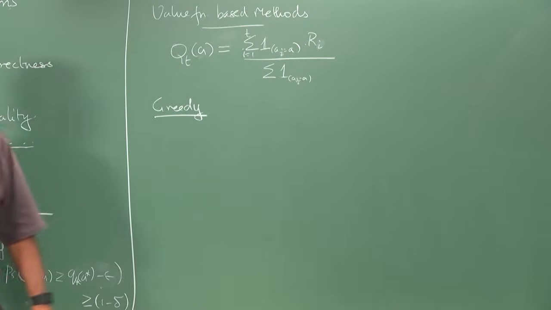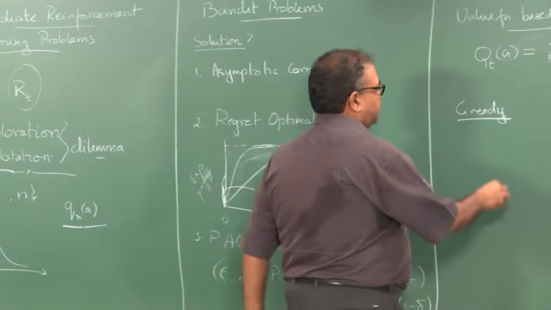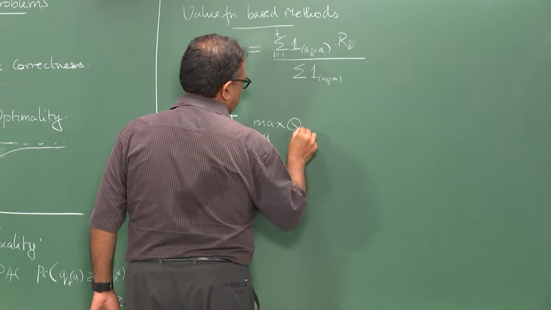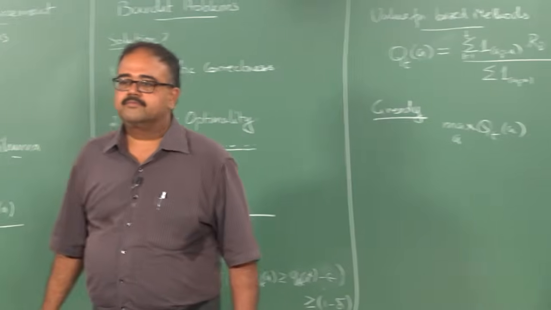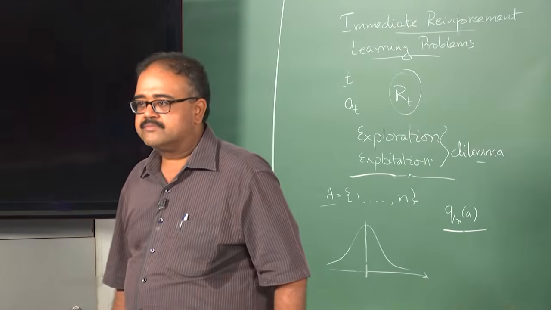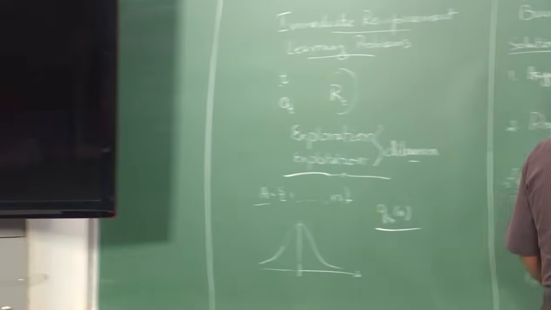So I could be what we call greedy. Right, so greedy would be I am going to select the action that gives me the max.